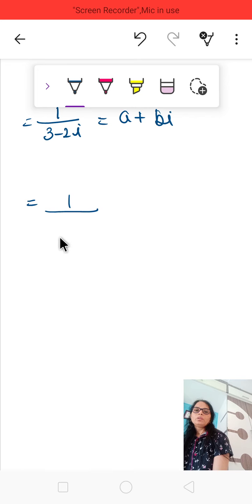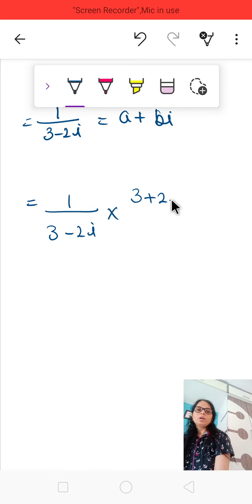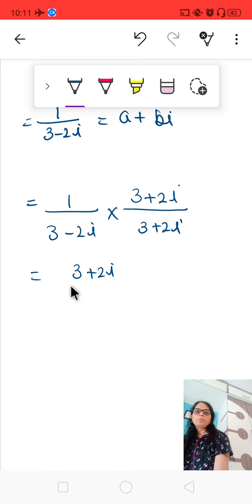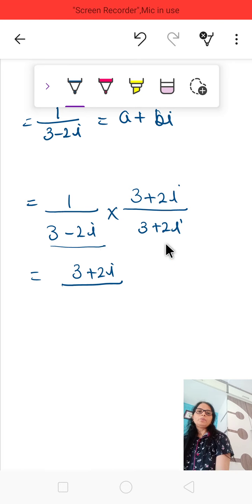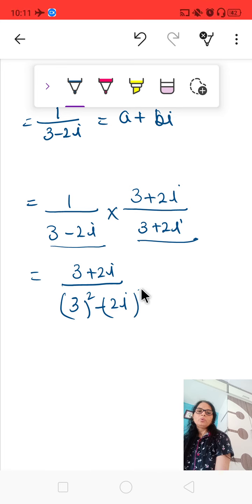1 upon 3 minus 2i multiplied by 3 plus 2i upon 3 plus 2i. So you will get 3 plus 2i upon, now you can see students, this is a minus b, a plus b. So we will do it as a square minus 2i the whole square.